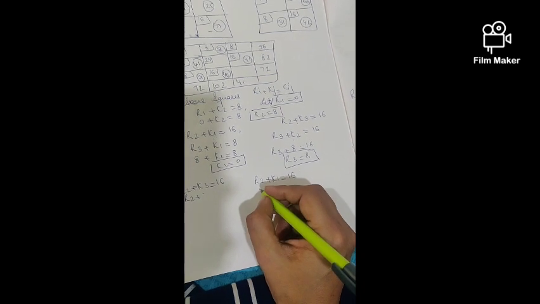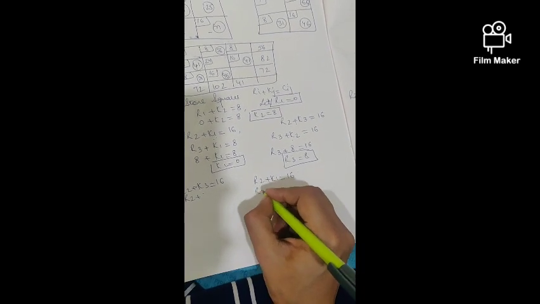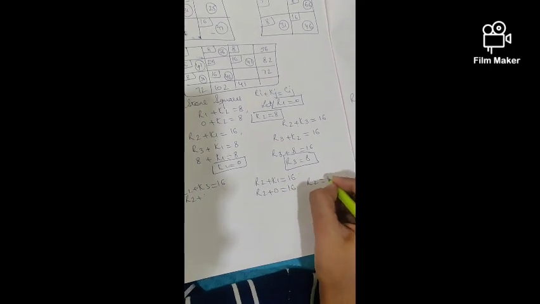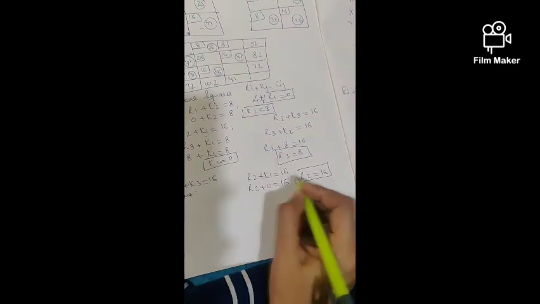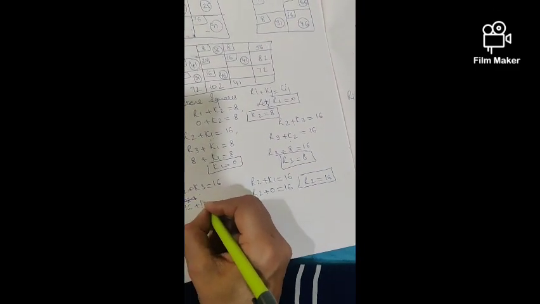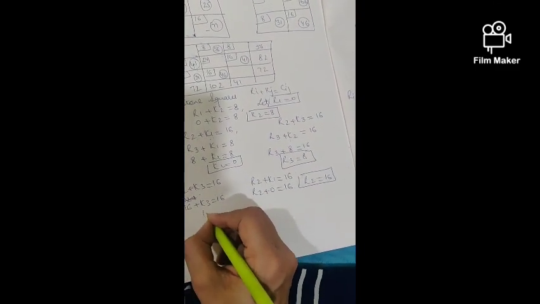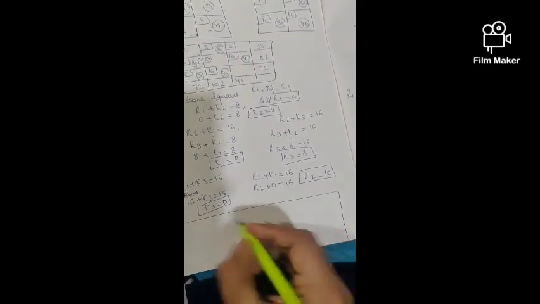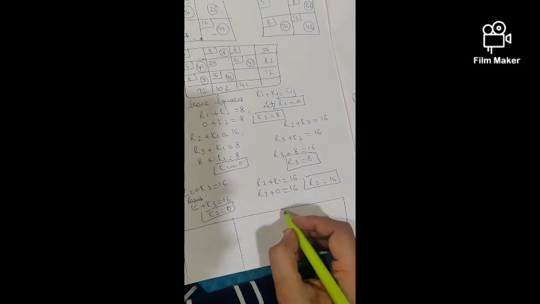R2 we don't have, K1 we already have, plus 0 is equals to 16, R2 is equals to 16. Then we have R2 we already got from this one, 16 plus K3 is equals to 16, K3 is equals to 0. Now you will make a column for unused squares again.